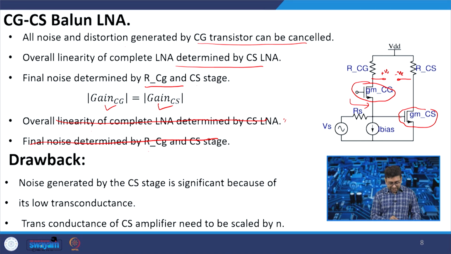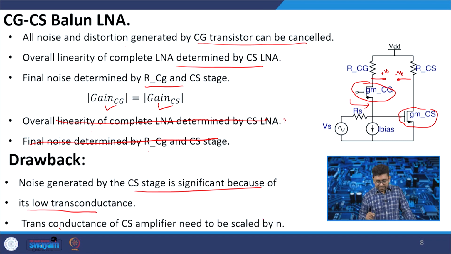So what is the drawback? Noise generated by the common source stage is significant because of its low transconductance, and the transconductance of the common source amplifier needs to be scaled by n.